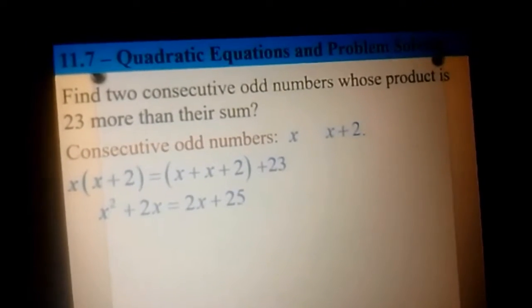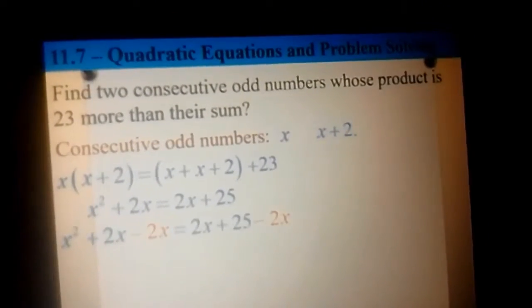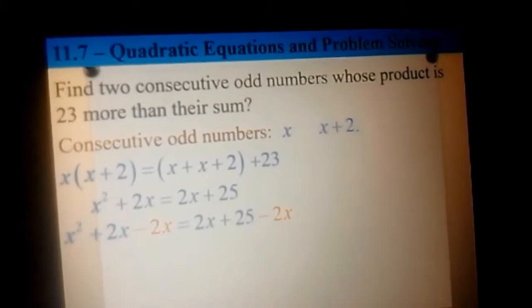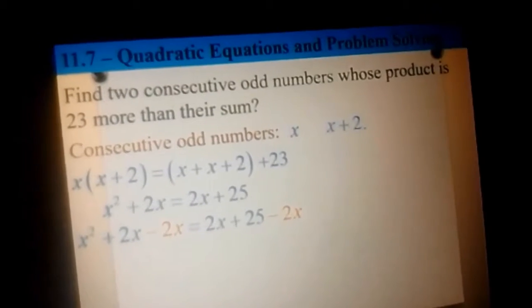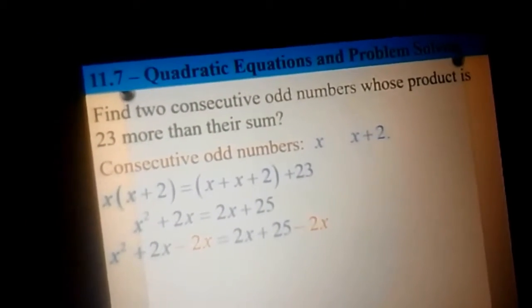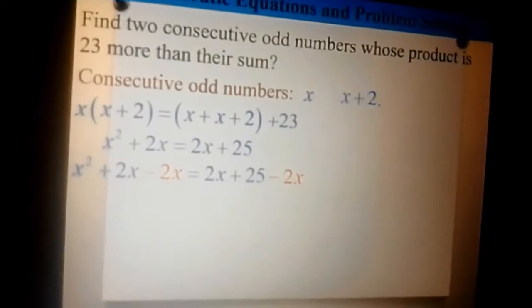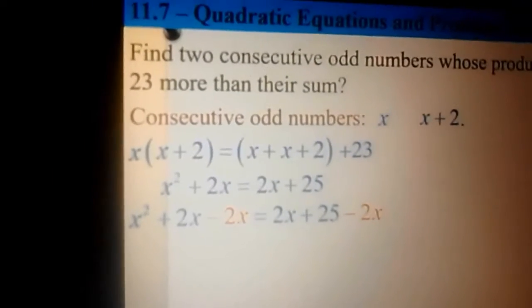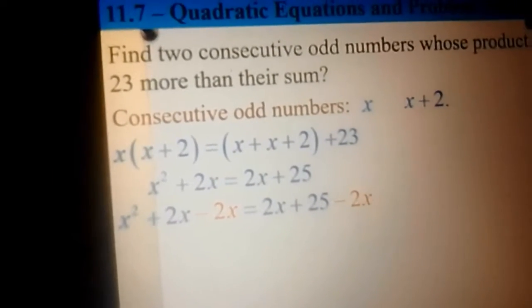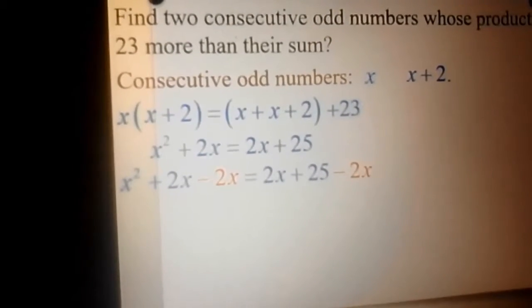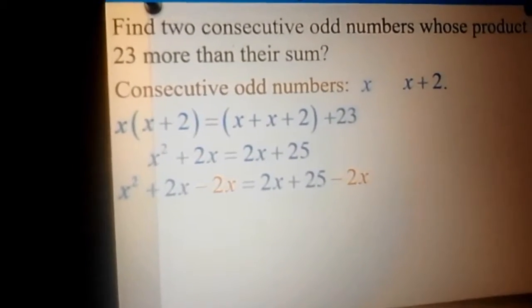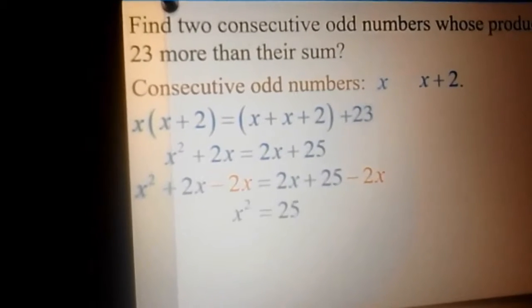Next, we apply the subtraction property of equality so that we can have all the variables on the left side and all the numbers on the right side. So, x squared plus 2x minus 2x is equal to 2x plus 25 minus 2x.